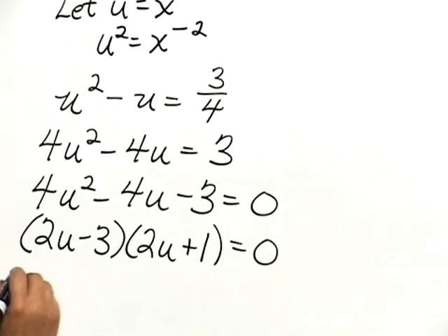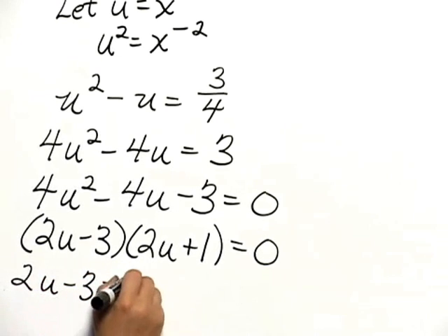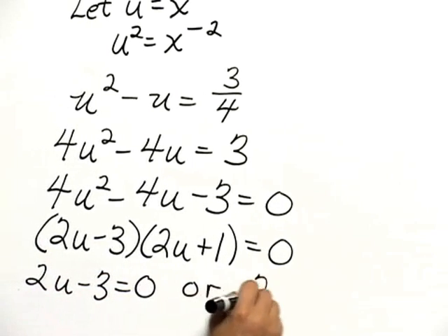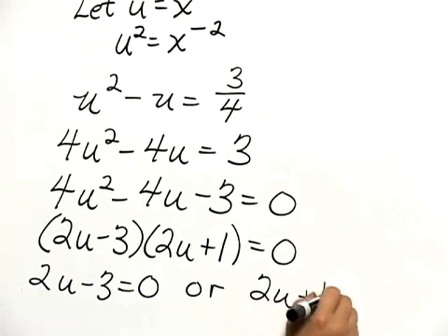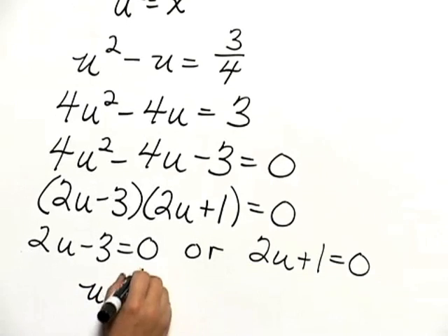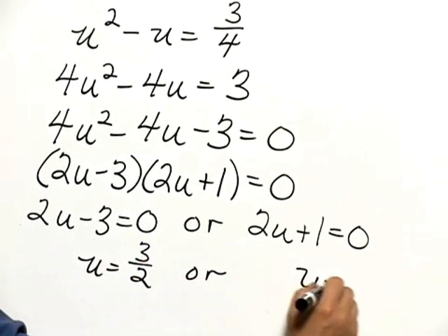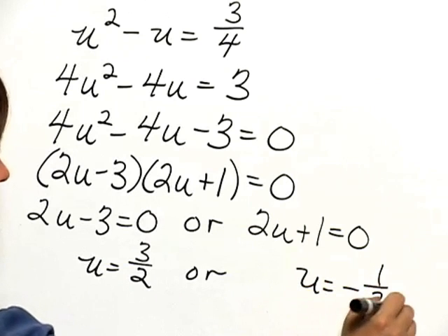Using the principle of zero products, this tells us that 2u minus 3 equals 0, or 2u plus 1 equals 0. In solving for u, we have u equals 3/2, or u equals negative 1/2.